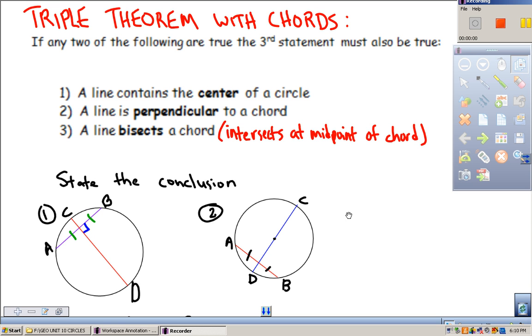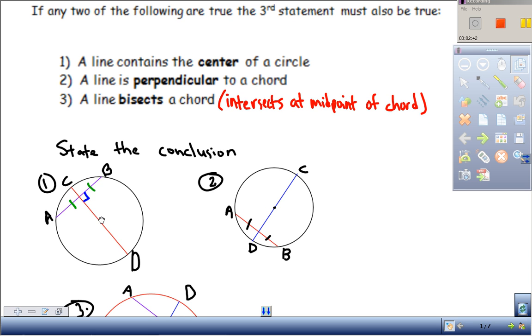I see tick marks, and I see a box, which designates a right angle. So if I look at my triple theorem, I've got perpendicular and I've got bisects. I do not have center. I do not see a bolded dot. So my conclusion is going to be that segment CD must contain the center of this circle.